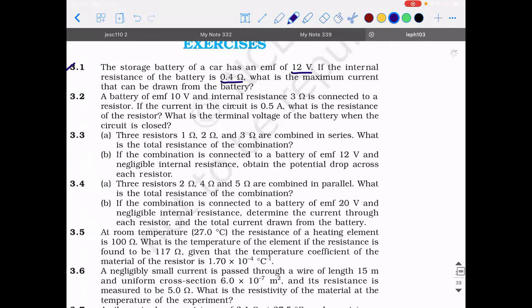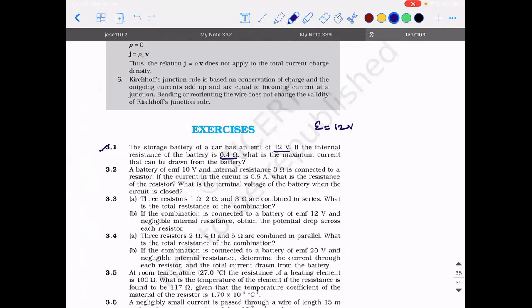How to solve this? So what is given? EMF is 12 volt. Internal resistance is 0.4 ohm. What is the maximum current that can be drawn? I max is equal to E divided by r, that is 12 divided by 0.4.